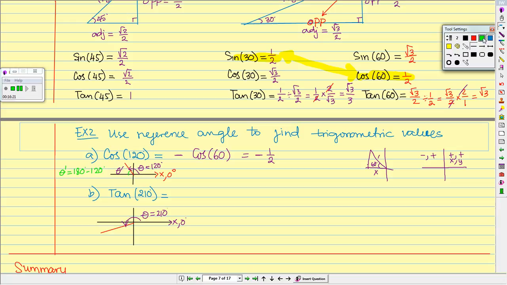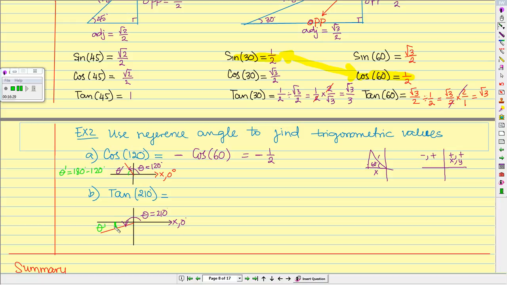Now your reference angle theta prime will be this angle right here. It's formed by the terminal side and the x-axis.